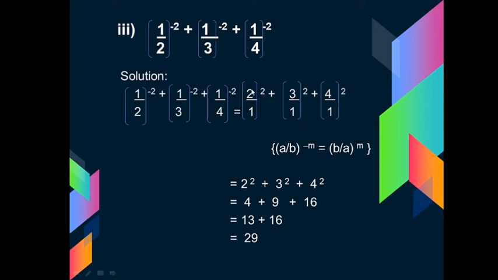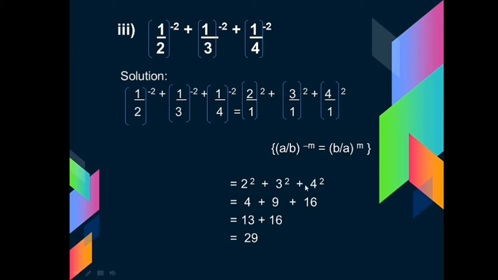So 2 raised to the power 2 divided by 1 raised to the power 2 becomes 2 raised to the power 2, but there is no need to write 1 raised to the power 2, because when we multiply 1 with itself 2 times we get 1 only. Here also, in the same way, 3 raised to the power 2 divided by 1 is nothing but 3 raised to the power 2, and 4 raised to the power 2 divided by 1 is 4 raised to the power 2. That's why here we have written 2 raised to the power 2 plus 3 raised to the power 2 plus 4 raised to the power 2.